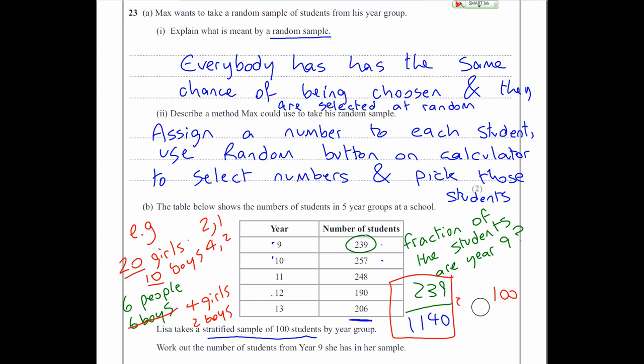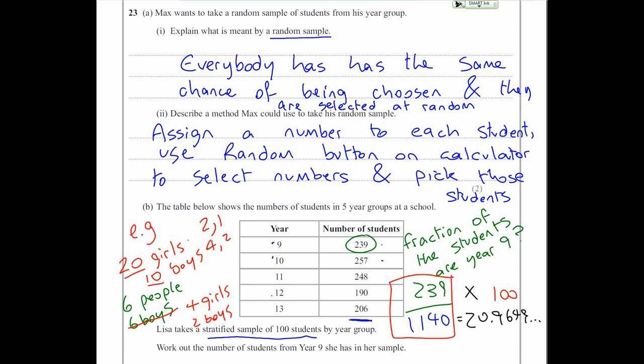Now when it says of, if you want to find that fraction of 100 students, all you need to do is multiply. So on your calculator, 239 over 1,140, times it by 100, and you get 20.9649, etc.